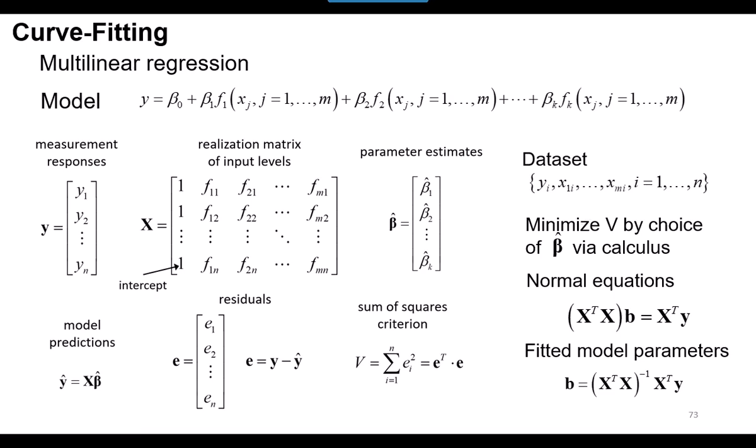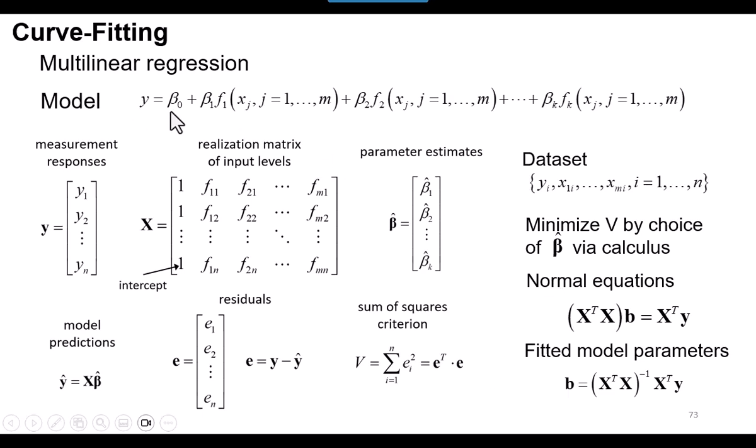And then given this setup, if we take x times beta, that is our predictions of our measurements. So our errors are the measurements minus the predictions. And then we want to minimize the sum of the squares of the errors, also shown as the inner product of the error vector. We want to minimize that by adjusting our betas.